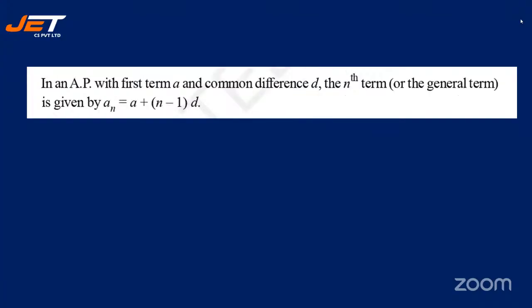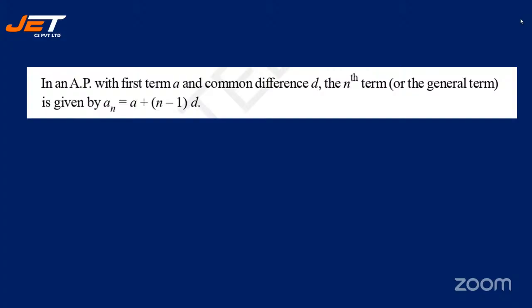Now, in an AP with first term a and common difference d, the nth term or the general term is given by An is equal to a plus (n minus 1) into d. You would have done this in your 10th standard arithmetic progression chapter. This formula is very important.